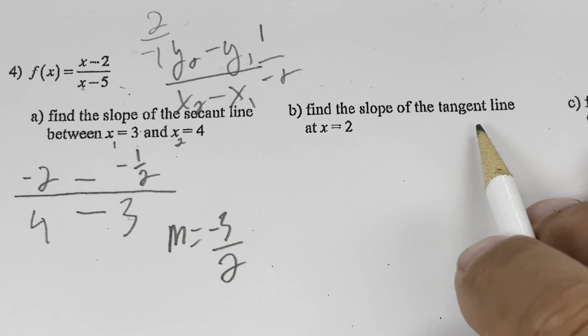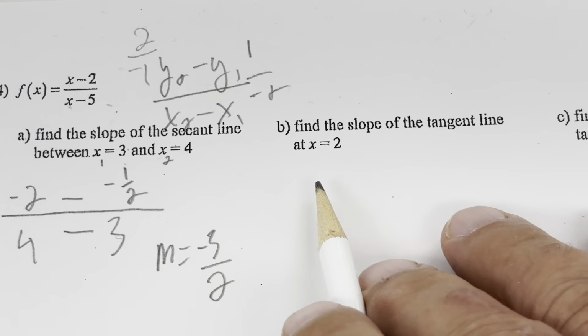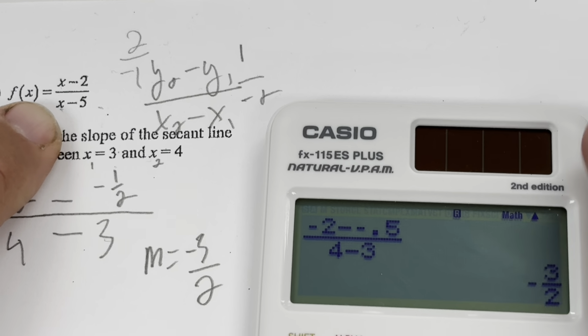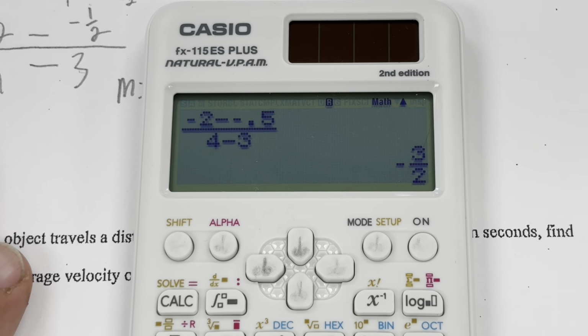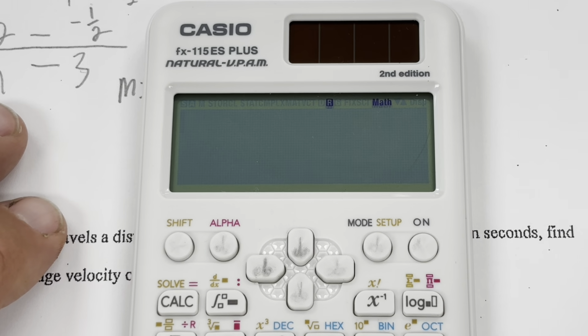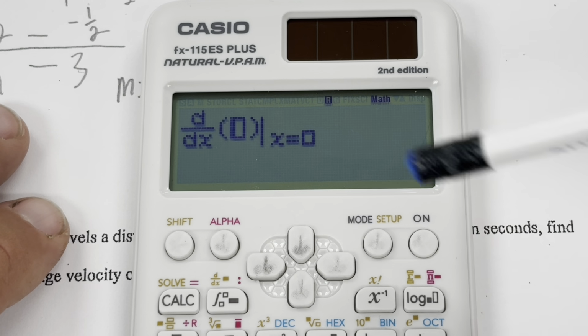Now they want me to find the slope of the tangent line at x equals 2. So I'm going to take the derivative of this and plug in 2. Now I don't want to take the derivative of a fraction. That would be quotient rule. So I'm going to use the derivative button on the calculator. So you want to be in normal mode. So mode 1, normal computational mode. And then you're going to hit shift and then this button here. And the derivative button will appear.